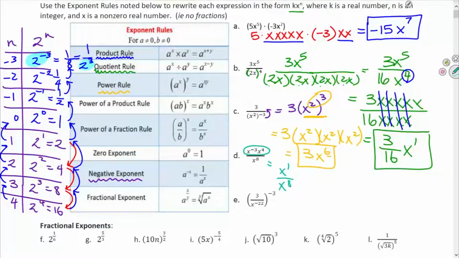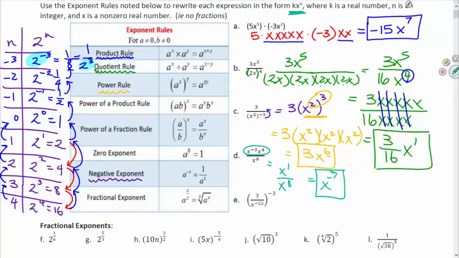Again, it's top minus bottom, or numerator minus denominator. 1 minus 8 is negative 7, and so I have x to the negative 7th power. Okay, now just so you know, you could also write this as 1 over x to the 7th power, but in the directions, they've asked to write it as kx to the n, and so I'd prefer in this problem to write it as x to the negative 7th power.